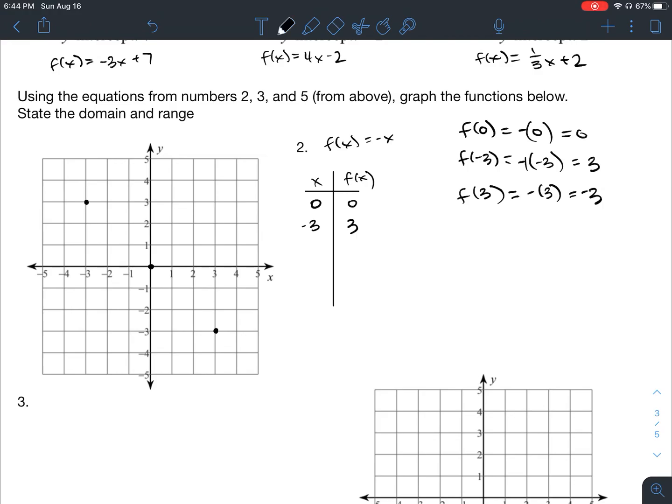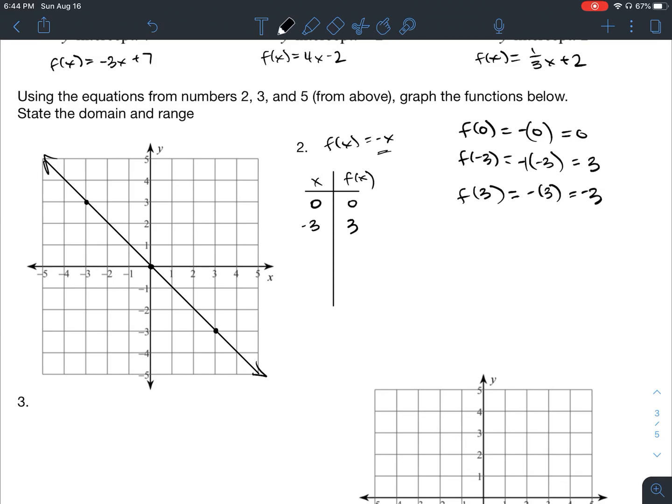Let's go ahead and connect the dots. It's pretty easy right now because again it's a linear function. So there you go. This looks like our parent function, except that it's going in a different direction, and that's because it's negative.